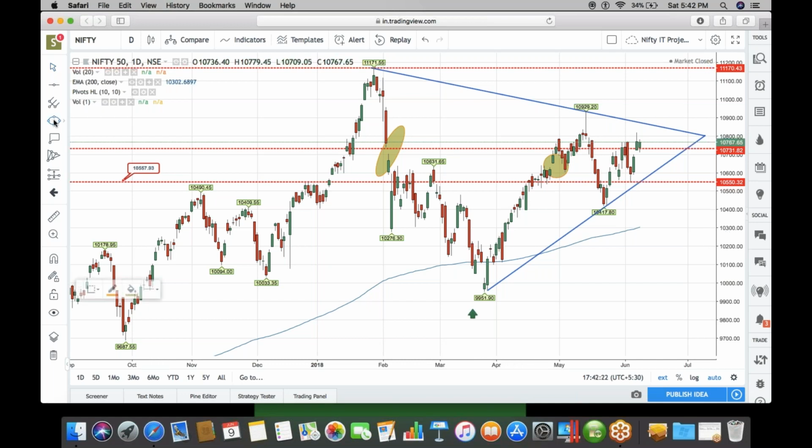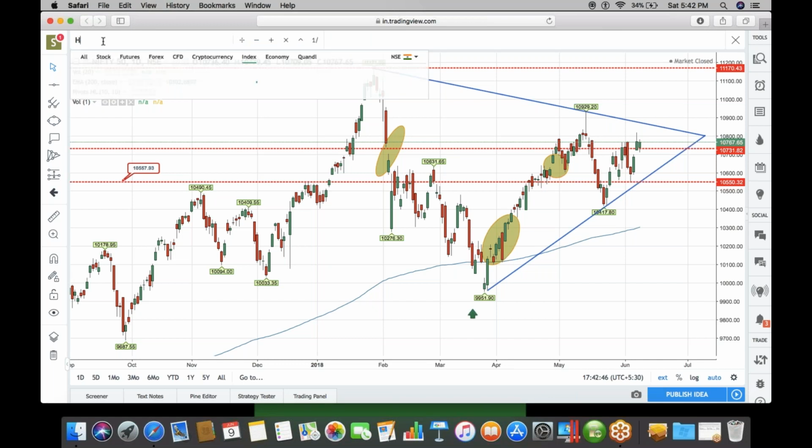See this. Guys, see this. Nifty is going up consistently. And now come back to our stock.